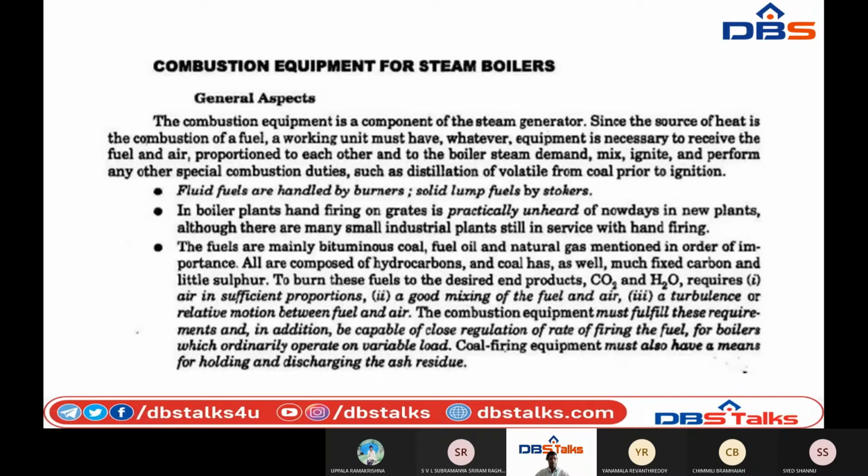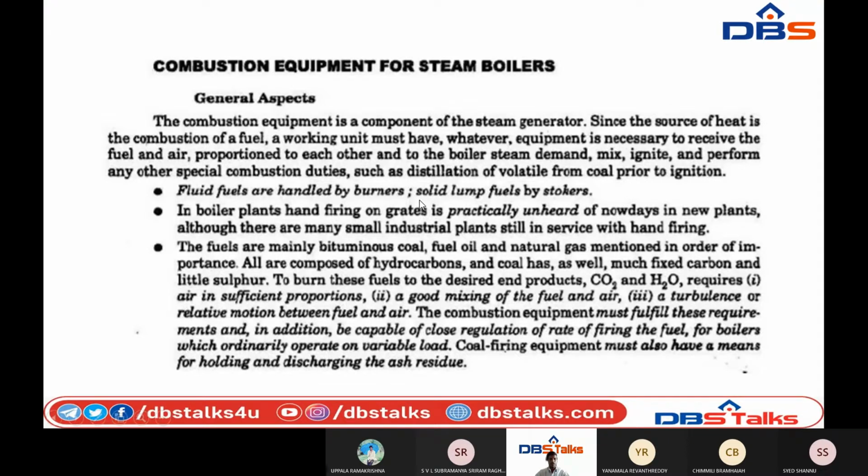For solid lump fuels, we use stokers for firing. Fluid fuels are handled by burners. In boiler plants, hand firing is practically difficult. Up to now, small scale industries have used hand firing, that means combustion by manual feeding.